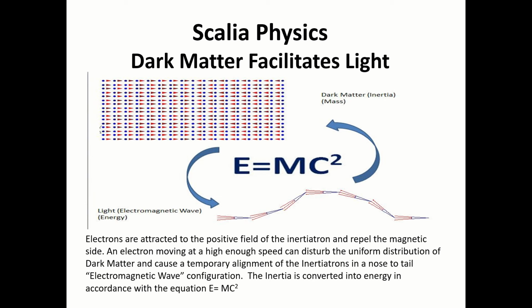We'll go into this in a little bit more detail, but basically a uniform distribution of inertiatrons, the dark matter, is what we would call inertia, and the electromagnetic wave is what we call energy. So the inertia of the uniform distribution can be converted into the energy using the equation E equals mc squared.